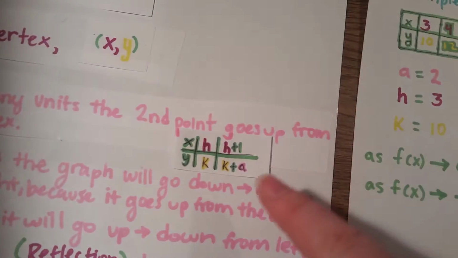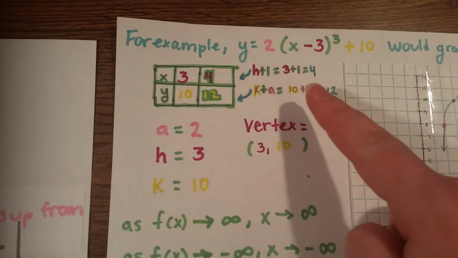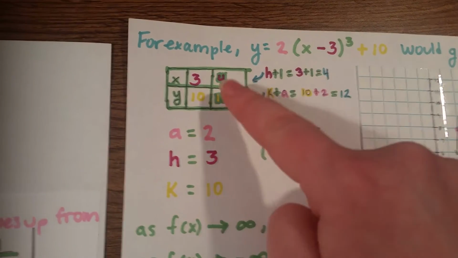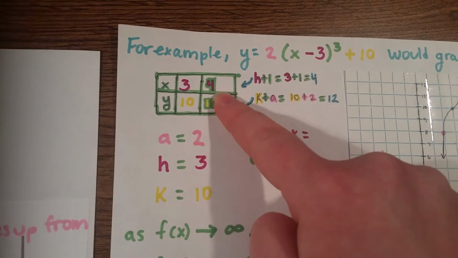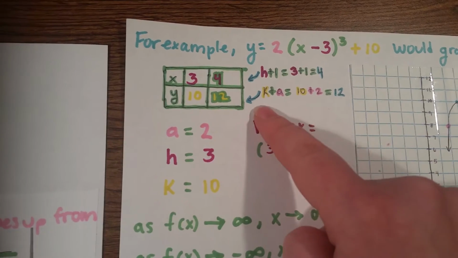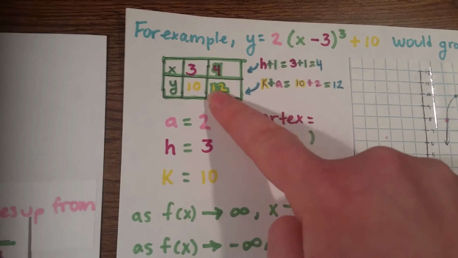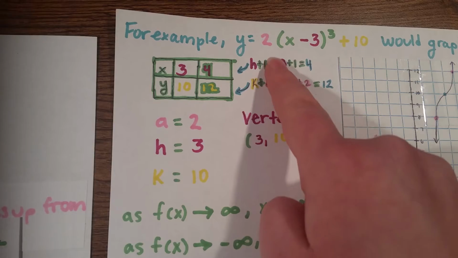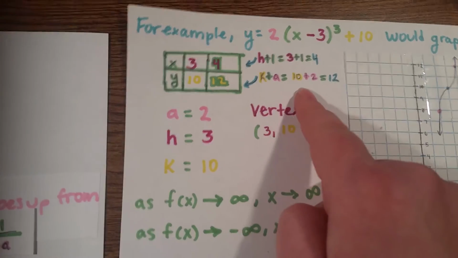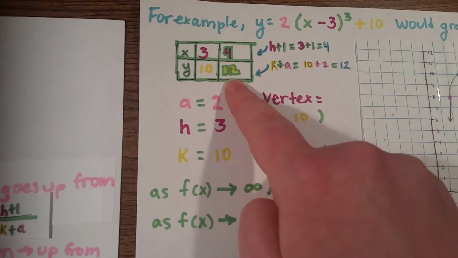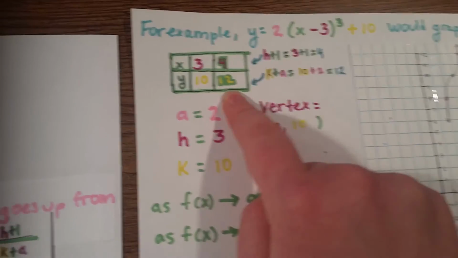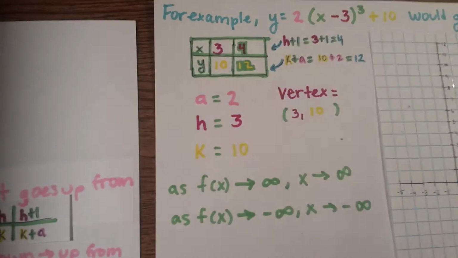H plus 1, like we did over here, is 3 plus 1, which equals 4, so the next x value will be 4. The next y value will be k plus a, since a is 2, is 10 plus 2, and that equals 12. So the next y value will be 12, and these will make up a point.